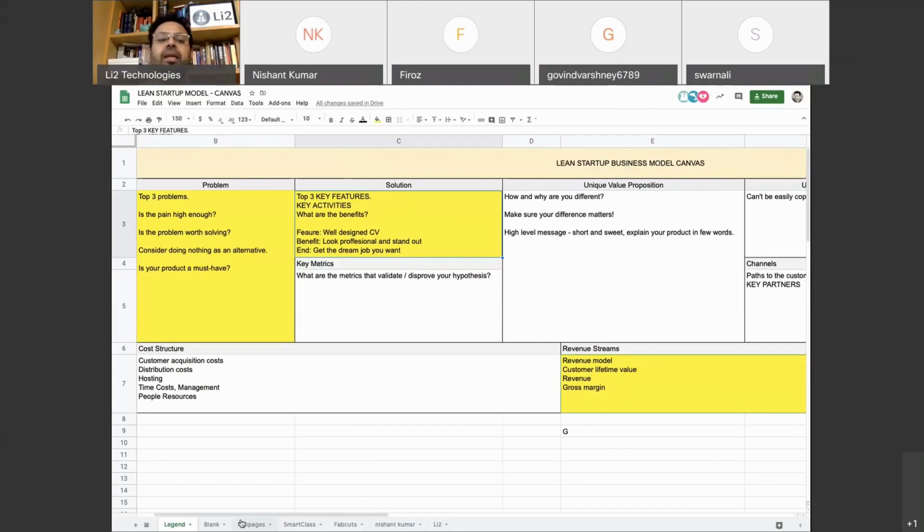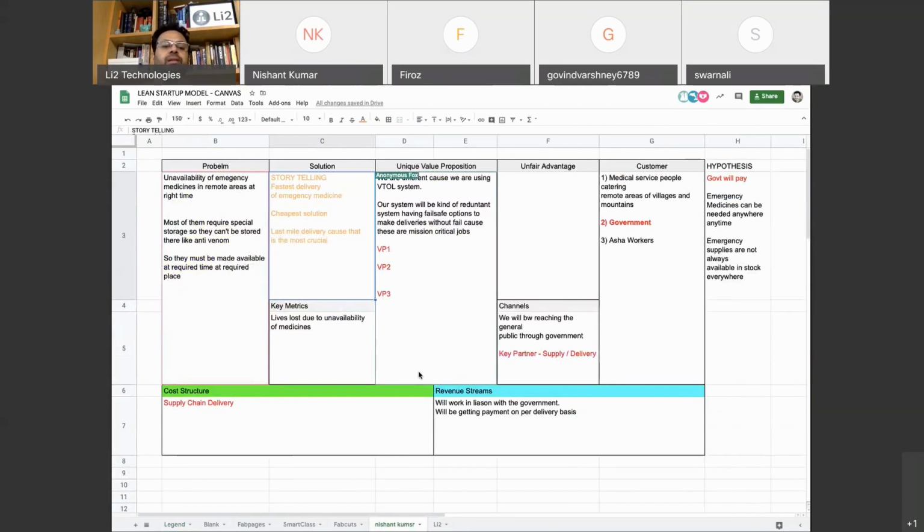So in that case, what is it that I keep and what is it that I share with other people becomes your unique value proposition. So you work on your unique value proposition always and try and tell. The rest of it is going to be outside. So in this case of drug delivery, one of the critical cost structures is going to be the supply chain itself, right?